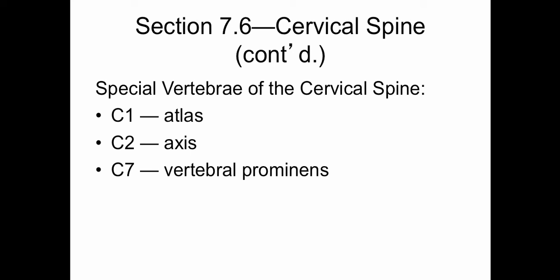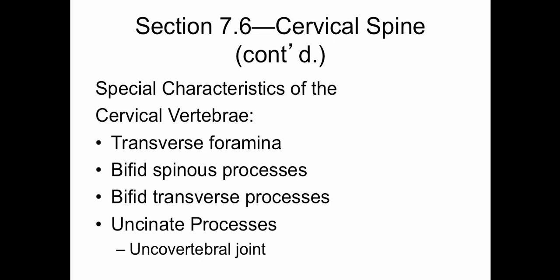The seventh cervical vertebra, C7, is also known as vertebra prominens because it is the most prominent cervical vertebra, making it also a valuable landmark for palpation of a client. The cervical vertebrae have transverse foramina in their transverse processes.